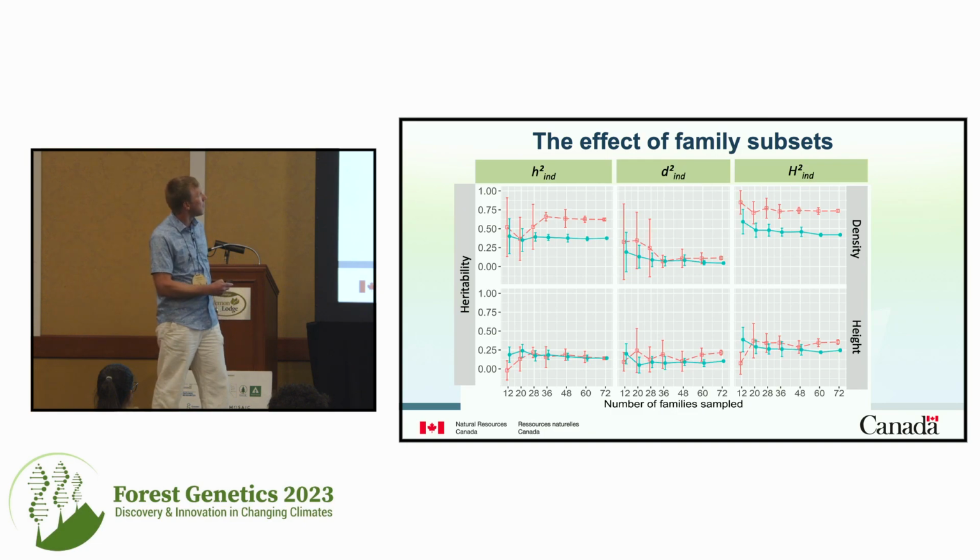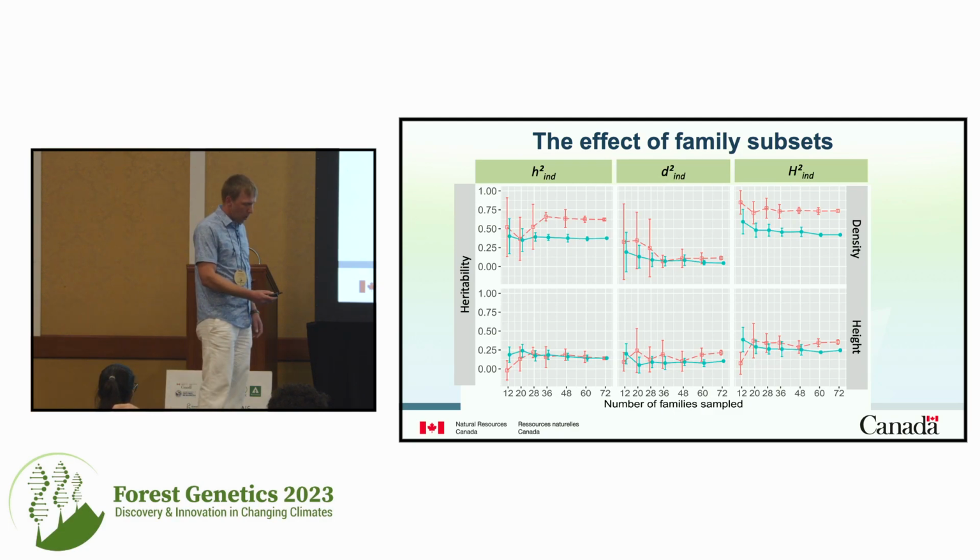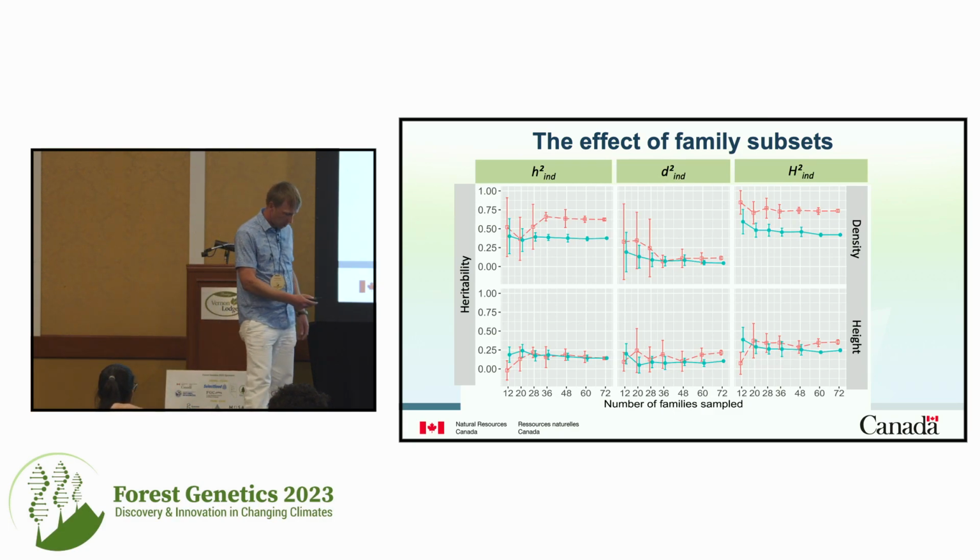Especially what we see is that at a low number of families, there's a lot of error associated with our estimates, which is normal. And there's a lot of variation, especially in the narrow-sense heritability, which we don't see further down when we get more families and more connections into our data set.